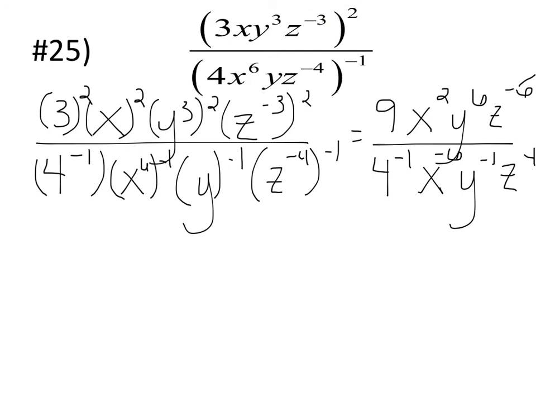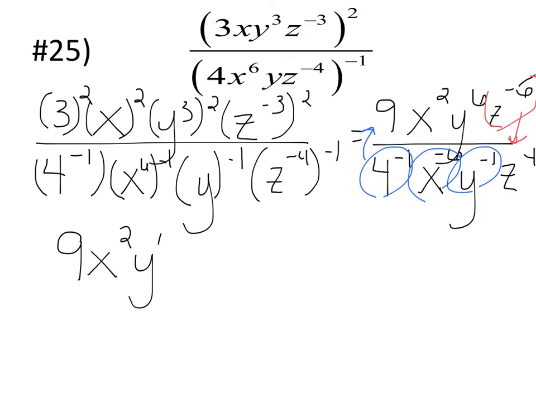So if you want to deal with the negative exponents, we can do that. So this one needs to drop it like it's hot. And this one, and this one need to be raised to the top, right? Blue goes to the top, red goes to the bottom. And all the ones that are in black just stay where they're at. So in the numerator we have 9 x squared y to the 6th, and we're adding all the blue ones up there.